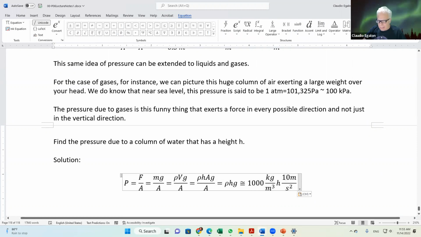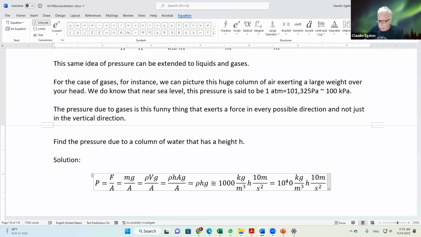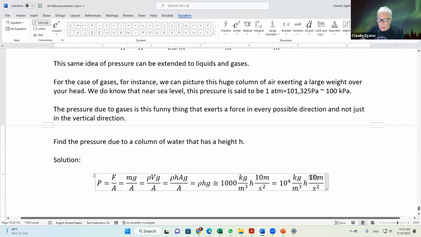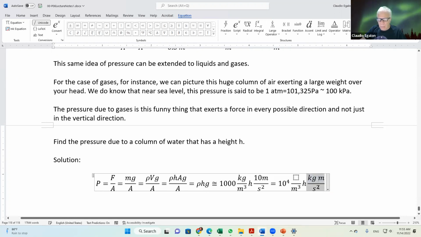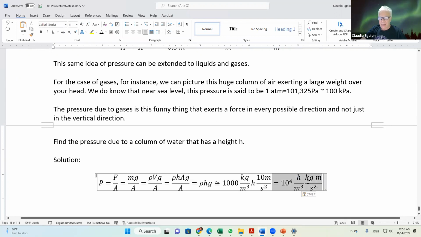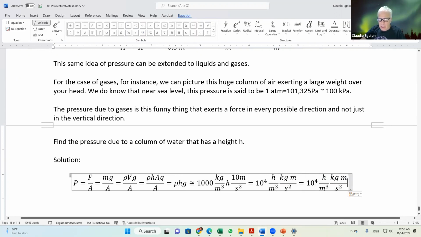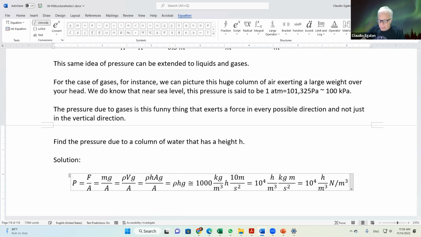And look what we end up getting: 10 to the 4th power times H, with units kilogram per meter per second squared. You recognize that, right? Height divided by meter. 10,000 H newtons per cubic meter.